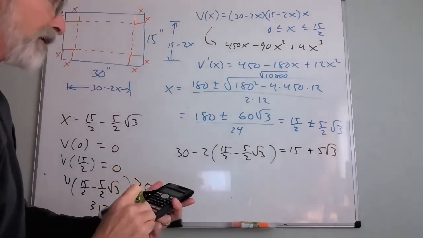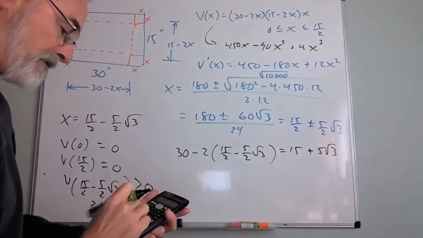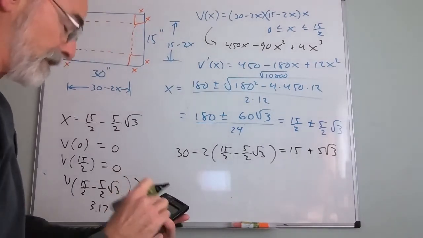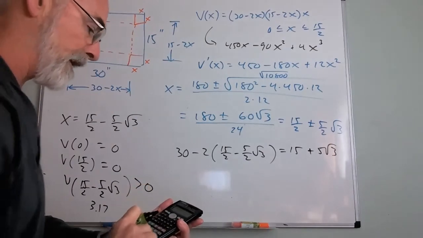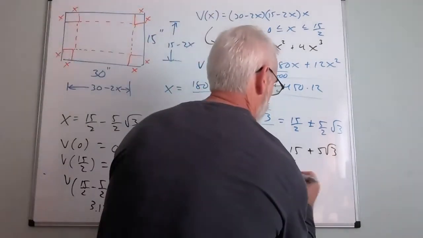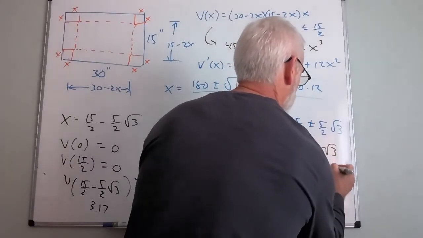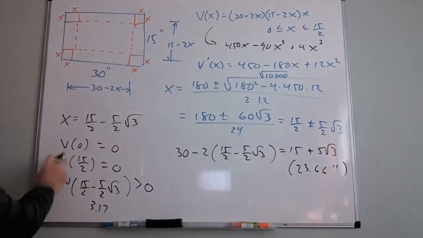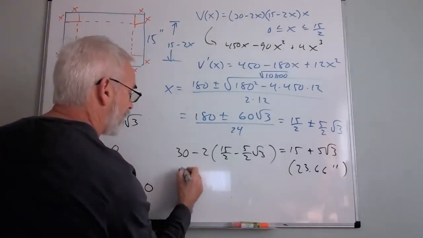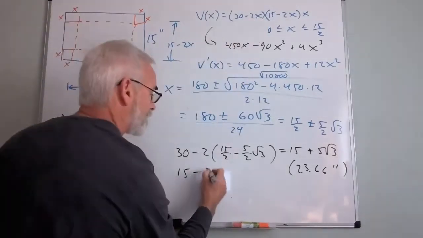Again, don't use the calculator until you actually have to use the calculator. So that's 15 plus 5 root 3. It's about 23.66 inches. That would be this side. That's how big it is. And then over here, the other side would be 15 minus 2x.